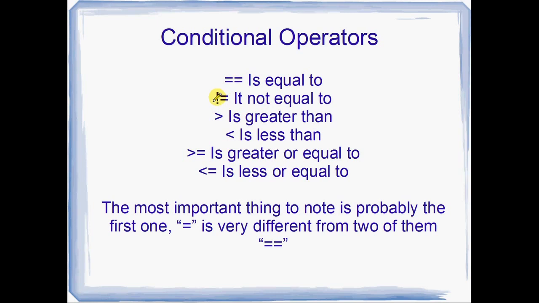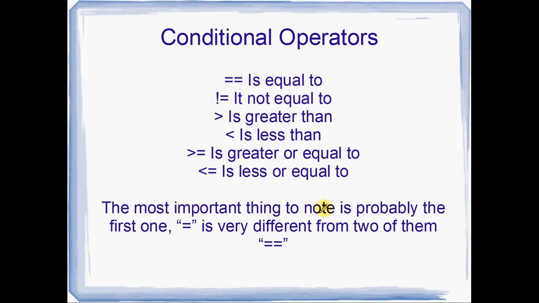I'm not really sure where the exclamation point came from, but it means not in a lot of programming languages. We've got greater than, less than, greater than or equal to, and less than or equal to. So that's pretty much all of the conditional operators. They just test if a certain number is equal to, greater than, or less than another.